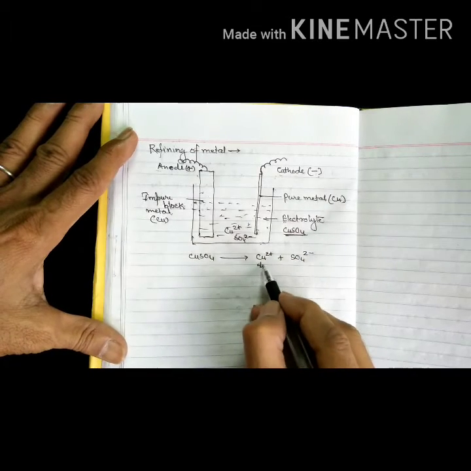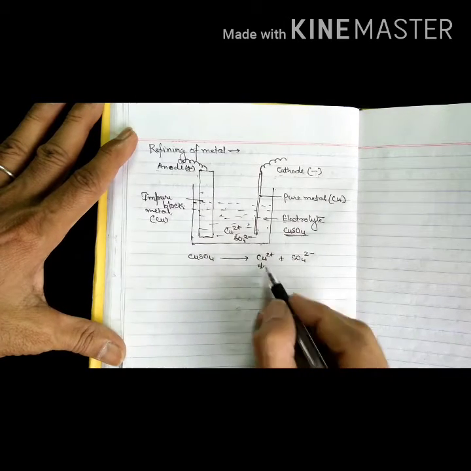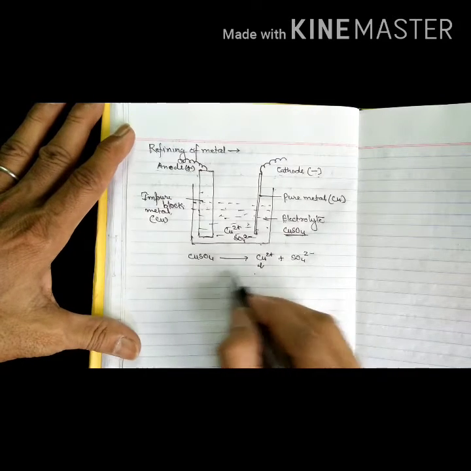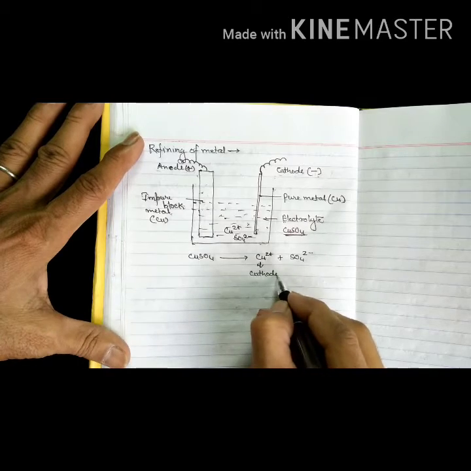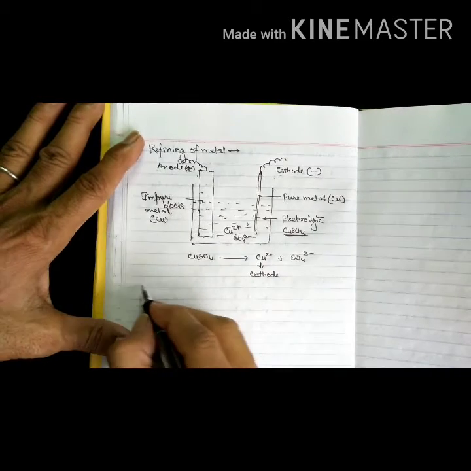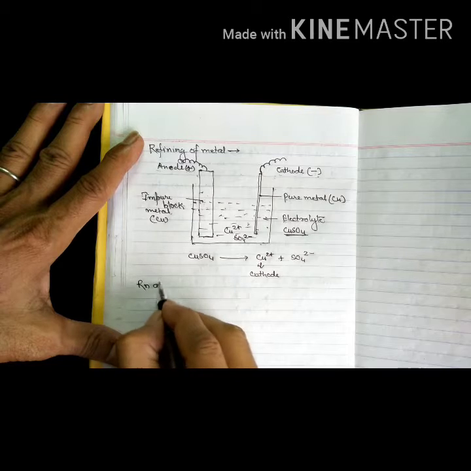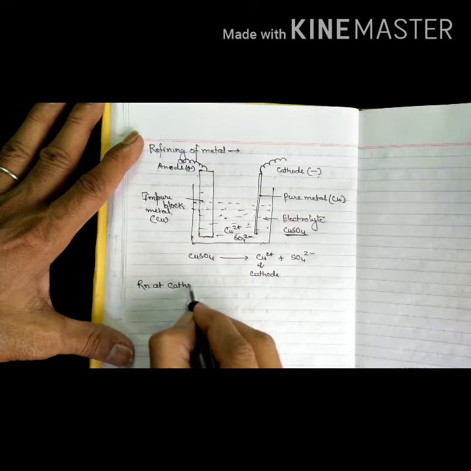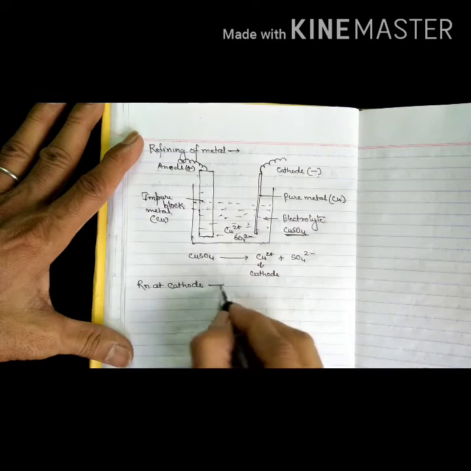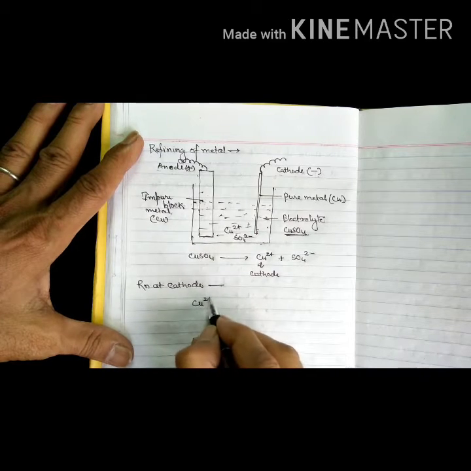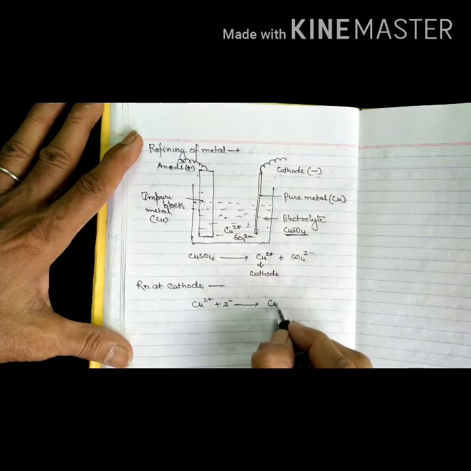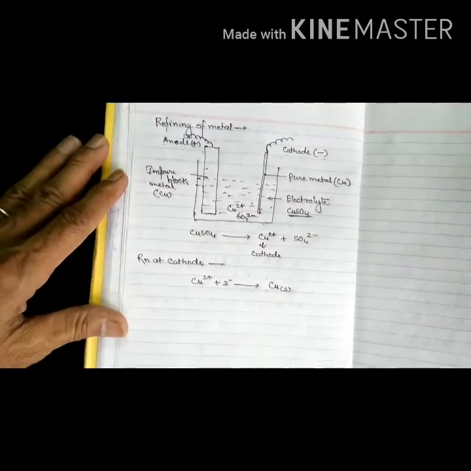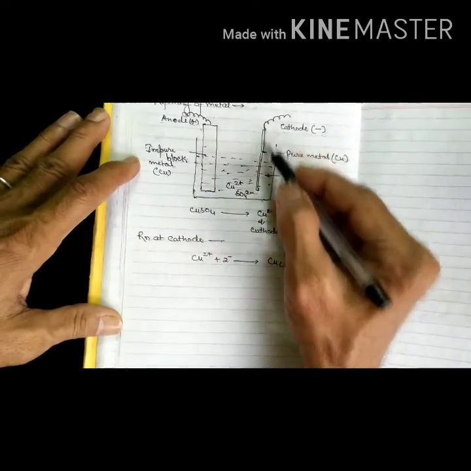Since copper is positively charged, this copper of the electrolyte moves towards the cathode. So, the reaction at cathode: Cu2+ accepts 2 electrons and becomes Cu metal. It gets deposited over the metal, that is the fine rod.